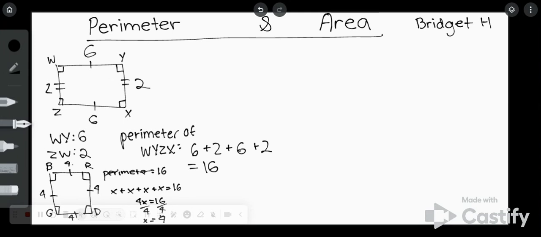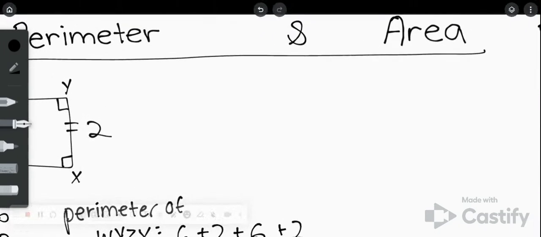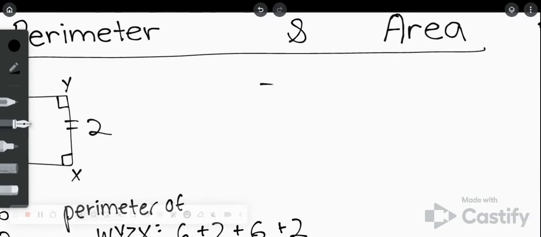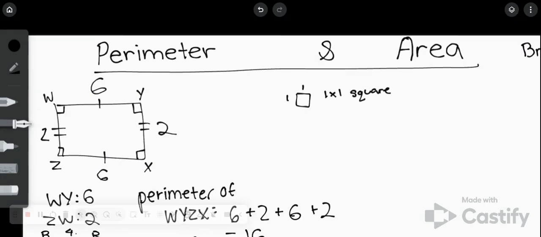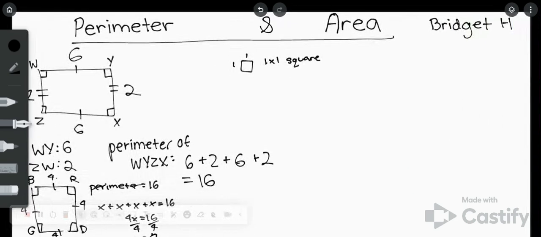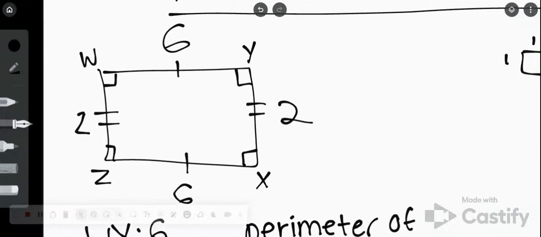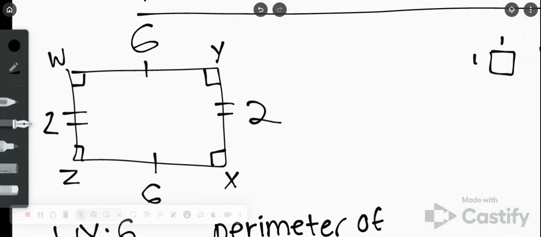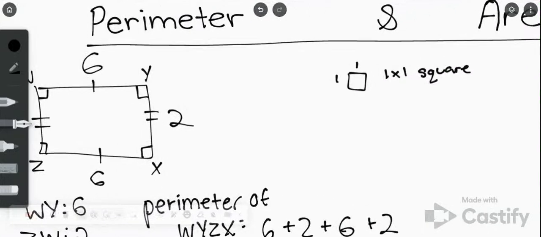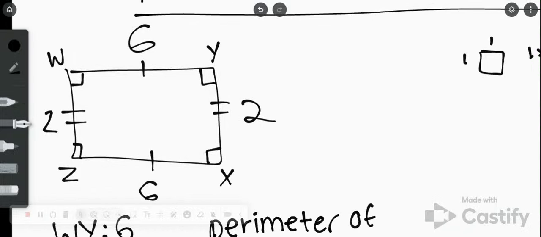So area is just seeing how many 1 by 1 squares you can fit into a shape. So if we were to try to find the area of this rectangle, W, Y, Z, X, we could count up all the 1 by 1 squares.